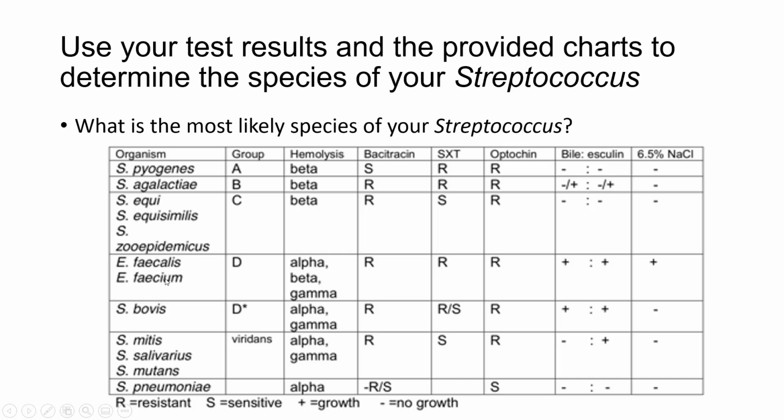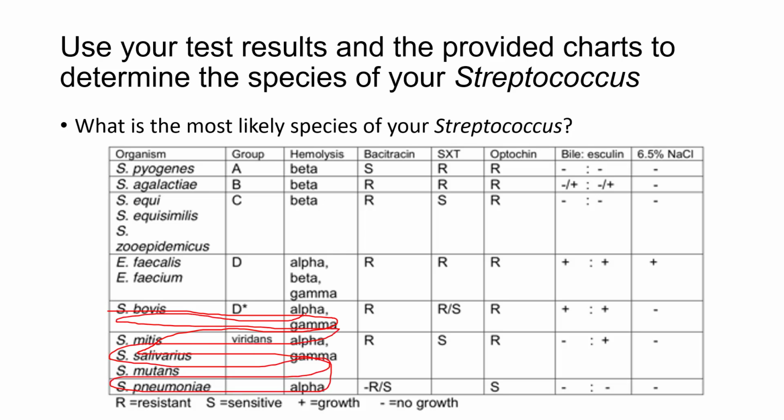So knowing that our specimen is beta hemolytic, we can eliminate these last couple boxes. So right away we can eliminate those because we only picked, remember, the beta hemolytic had that clear spot around the colonies on the blood plate. All right.